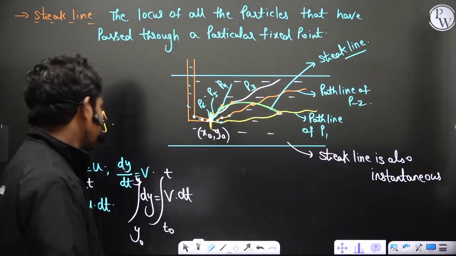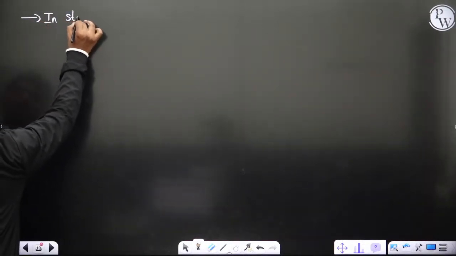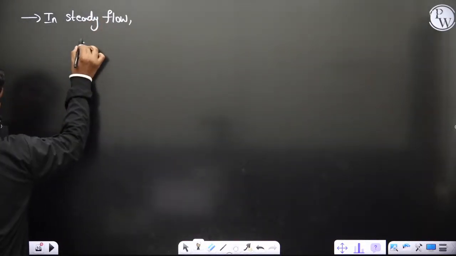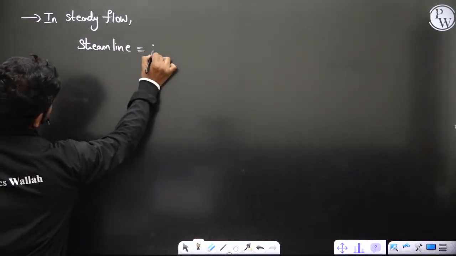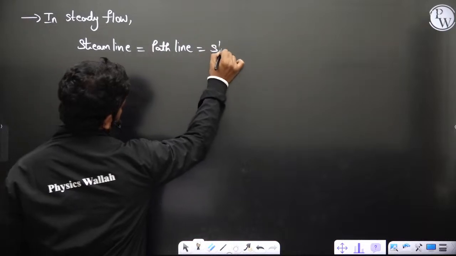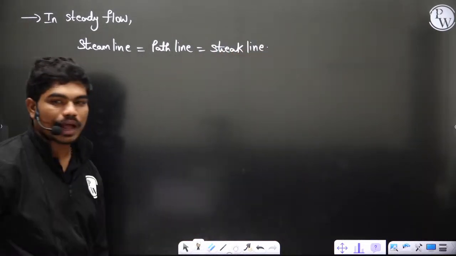Okay, fine, clear. Now in steady flow what happens? Let us try to understand. In steady flow, streamline is the same as path line, is the same as streak line. Now let us have a quick understanding of why this should happen.